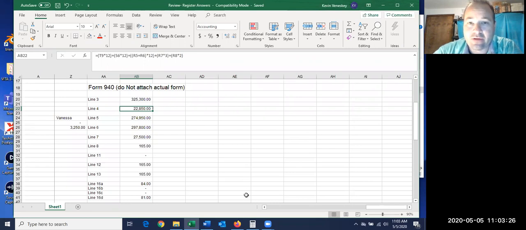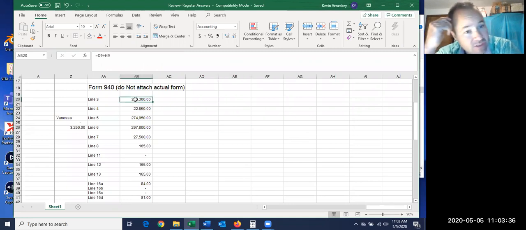And then down in the third one, how much is actually taxable each until we get to 7,000 to show how much is taxable each quarter. But this is what I had done.